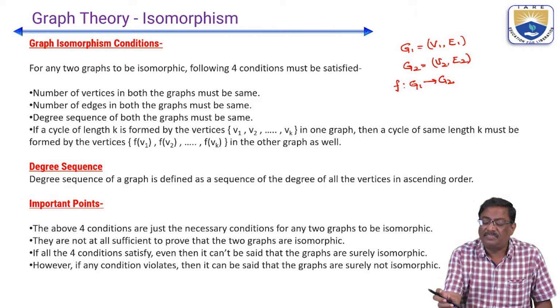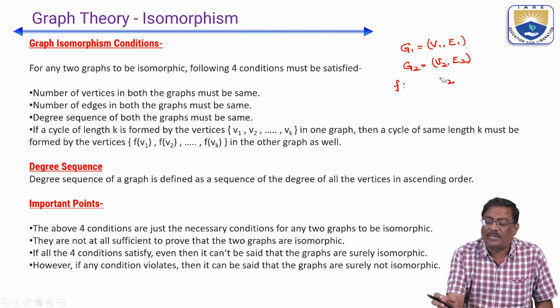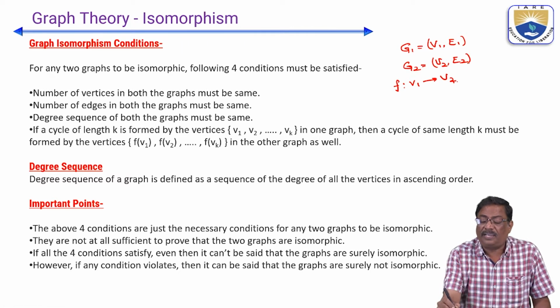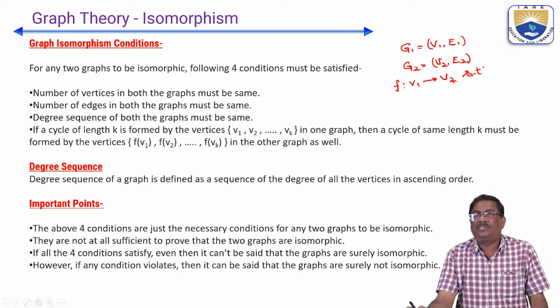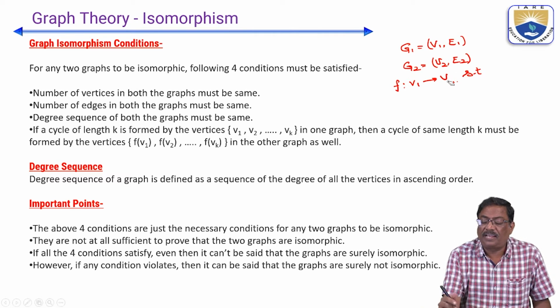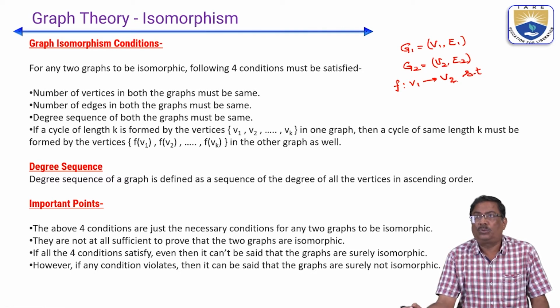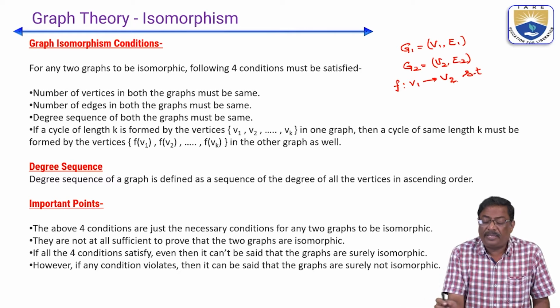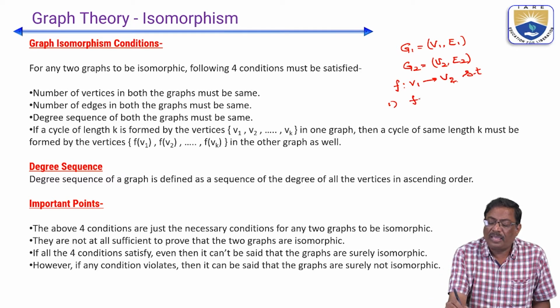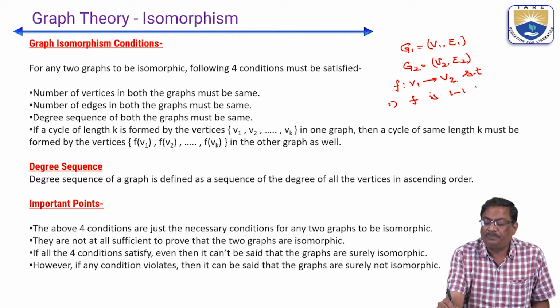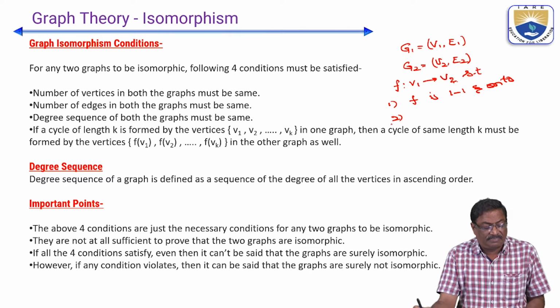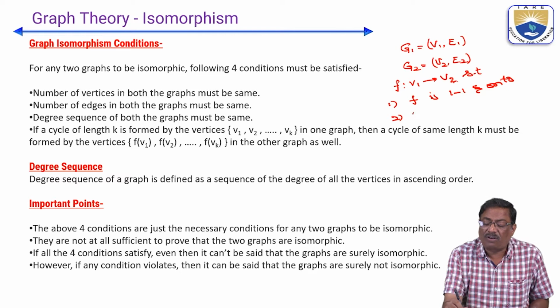Strictly speaking, this is a function from vertex set 1 to vertex set 2, such that the function f takes vertices of G1 to vertices of G2, and the function is one-one and onto.